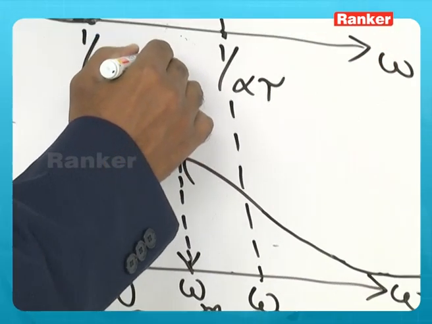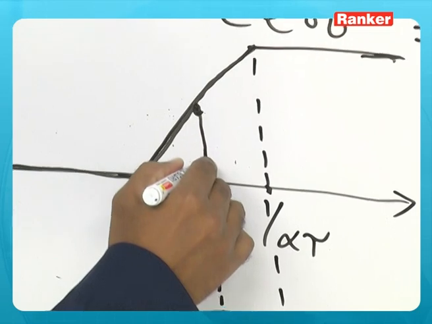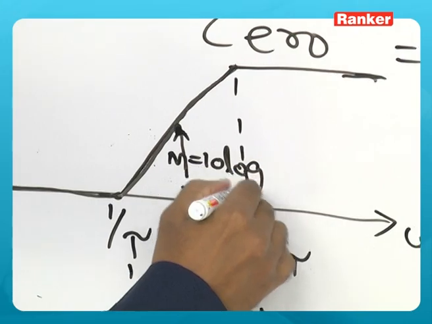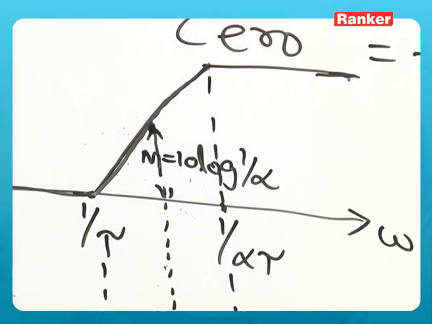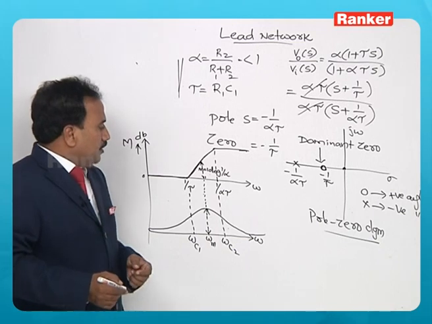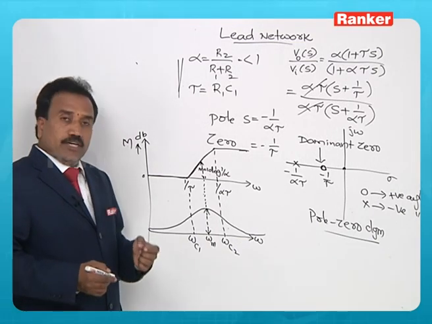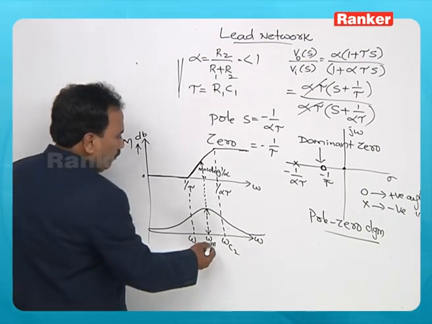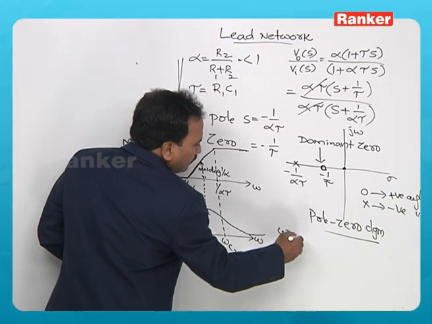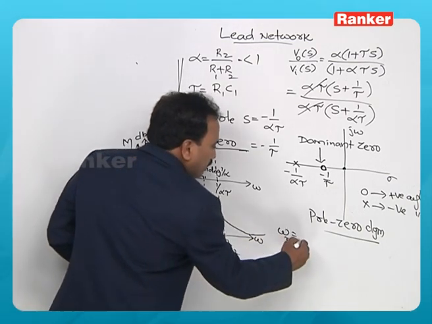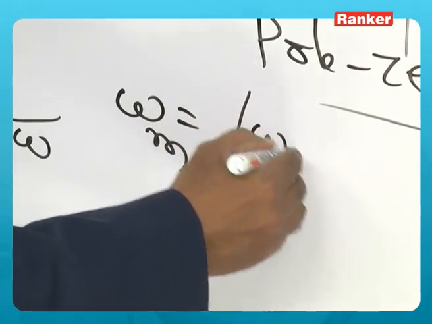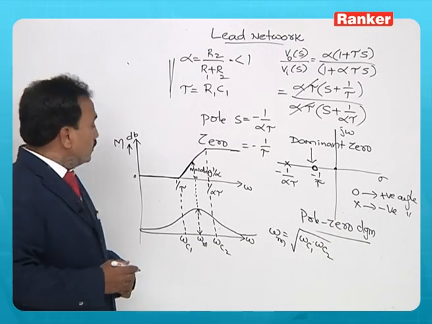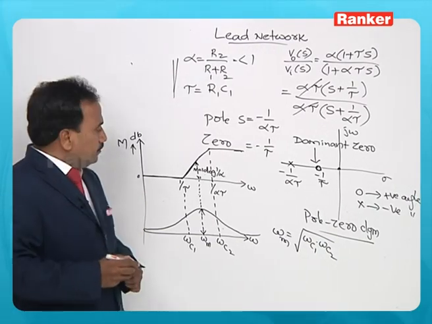If you see the magnitude here, it is 10 log 1 by alpha. So, the frequency at which the maximum phase lead occurs, omega m, is given by the square root of omega c1 into omega c2, the two corner frequencies of the system.